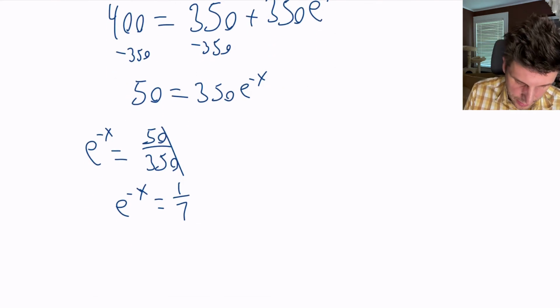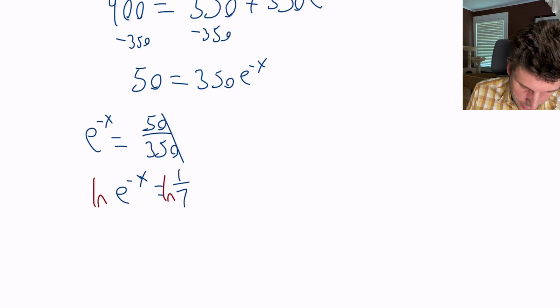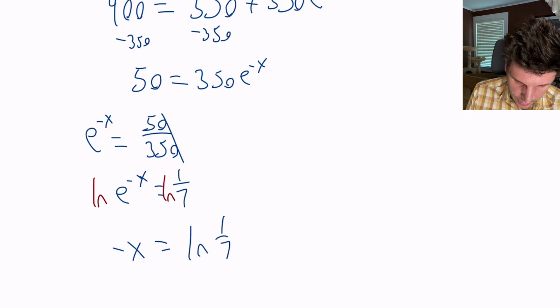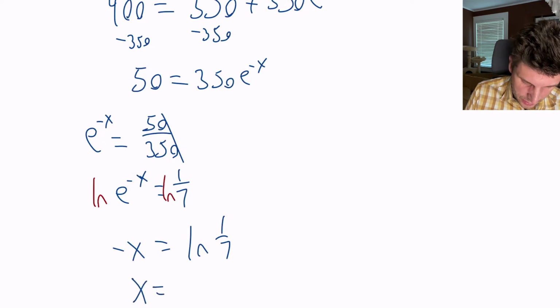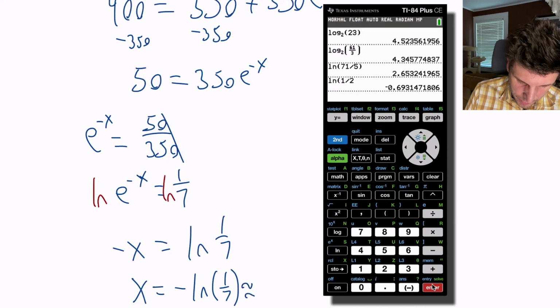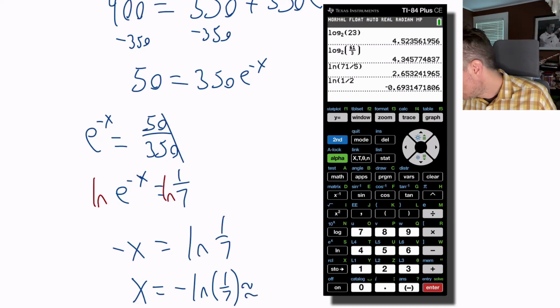Take the ln of both sides, and I have to be careful this time. You have negative x equals ln 1/7. Then you multiply both sides by -1, and you get x equals negative ln 1/7, which is about equal to negative ln of 1 divided by 7.